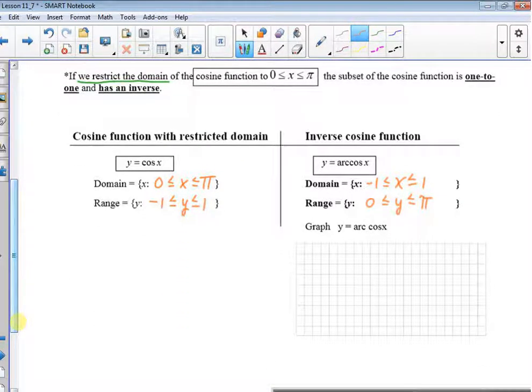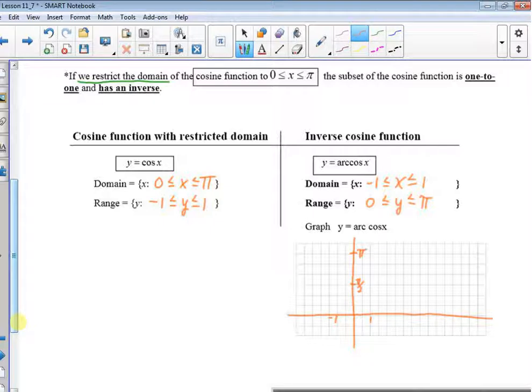So for the graph of this, I'm going to put that x-axis a little bit lower. So here's -1 to 1. Here's 3 spaces, that's pi over 2, or 90. 3 more spaces is pi, because we're right here at 0.